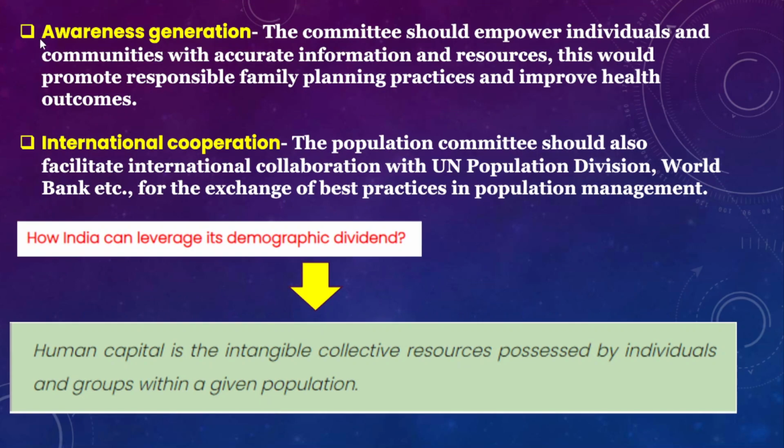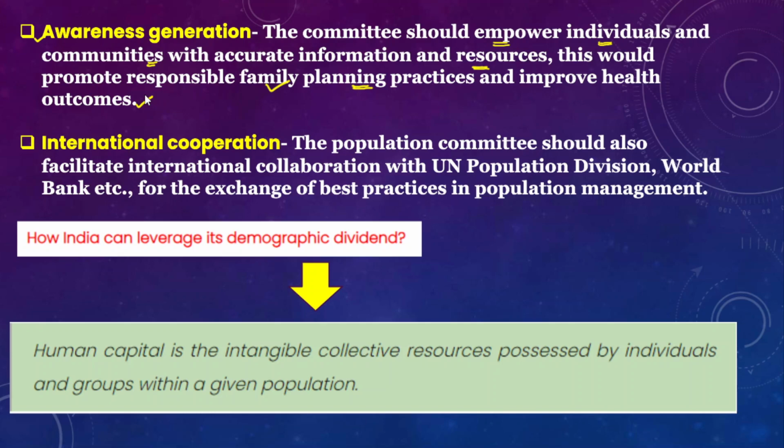After that, it would also take up initiatives such as awareness generation among the people. Now, awareness generation is also a very important part of demographic dividend, that is, better utilization of the demographic dividend. So this committee would empower individuals and communities with accurate information and resources, and this would promote responsible family planning practices and improve healthcare outcomes.